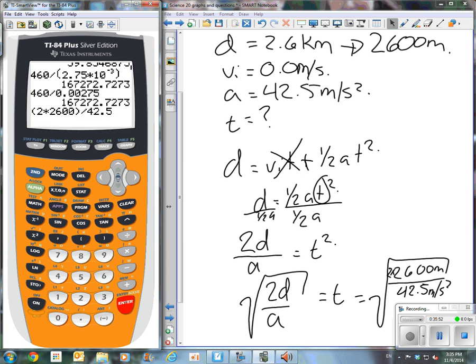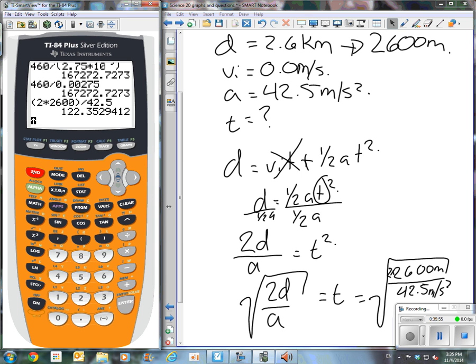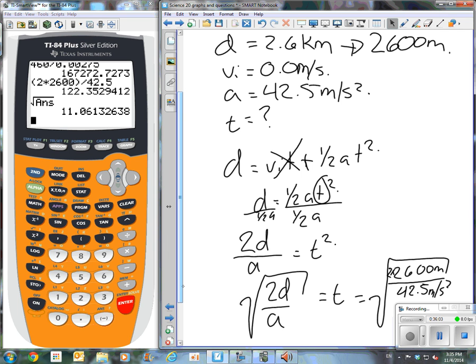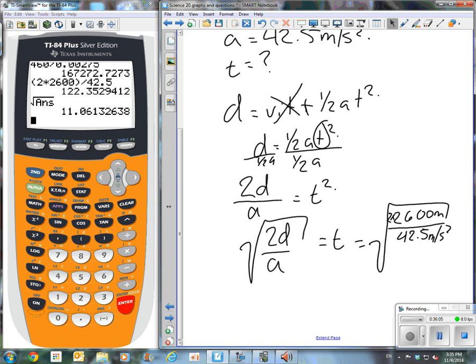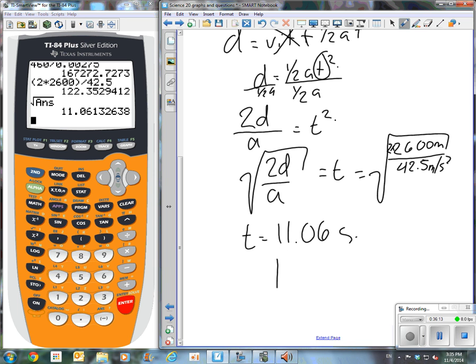And with that number, I'm going to do the square root of that answer, and I get 11 seconds. All right, so we're going to just record that down here. So time is equal to 11.06 seconds. Significant figures are 3, so this would be 11.1 seconds as time.